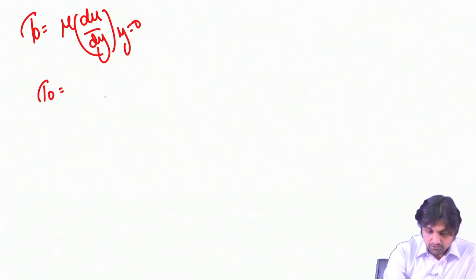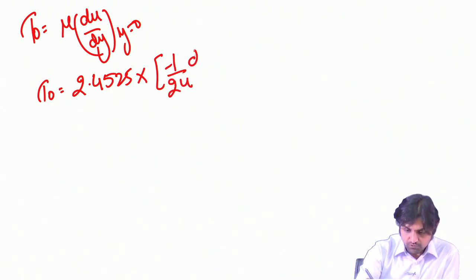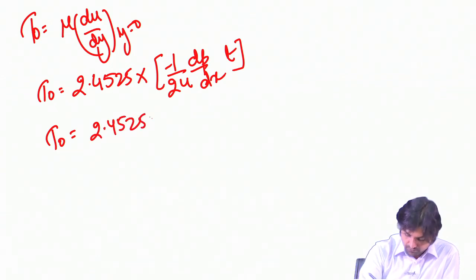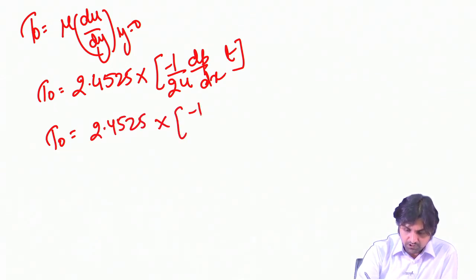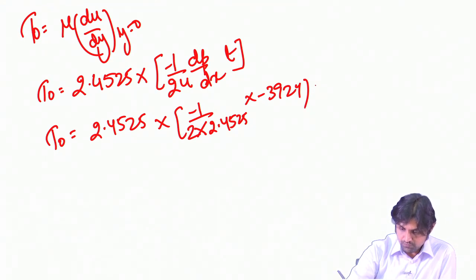Therefore, tau naught is equal to 2.4525 into minus 1 by 2 mu dp dx into t, or 2.4525 into minus 1 by 2.4525, and dp dx was minus 3924, into 0.1.